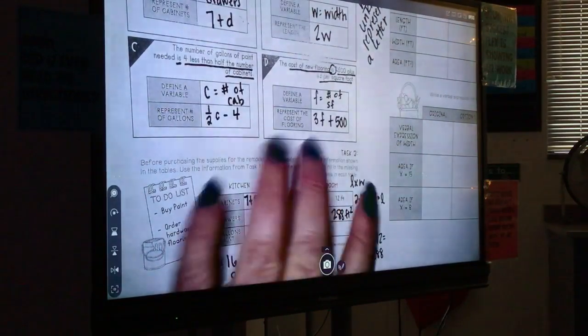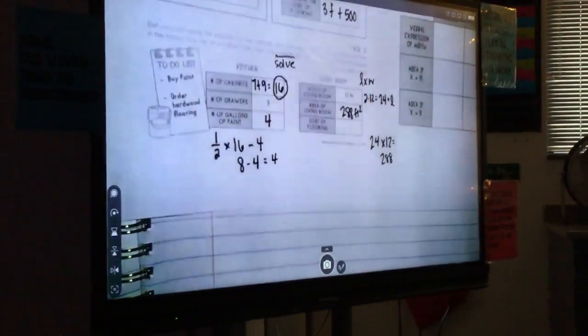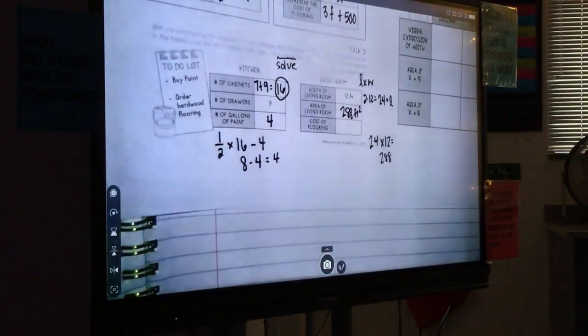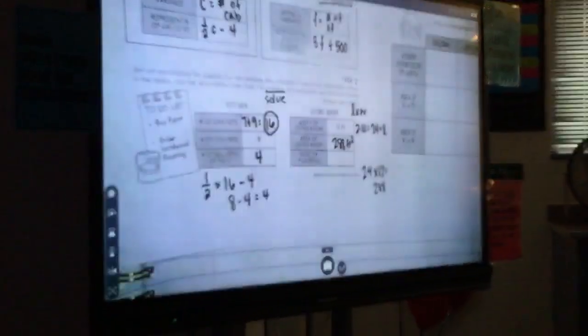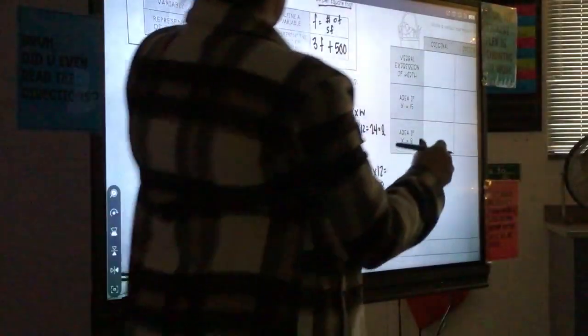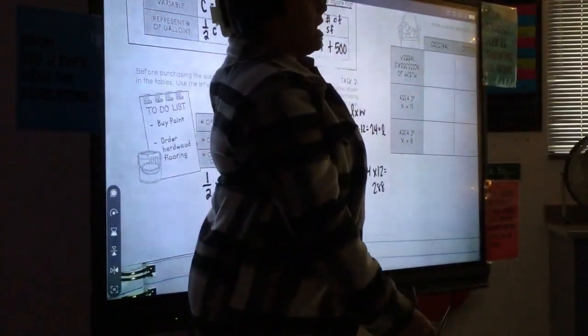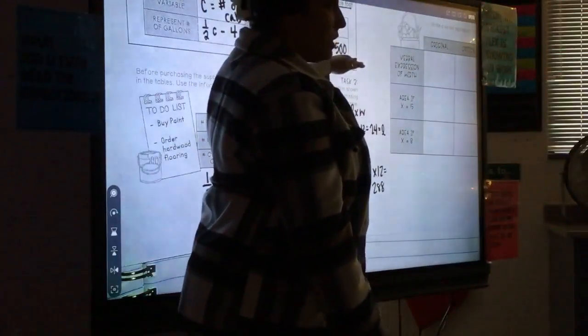So what do? Christian? No. Blake? No. Y'all know. You have an expression right here, just like we did for the A and for the C. What is our expression?